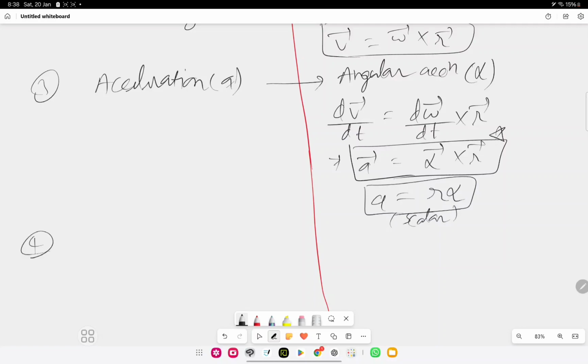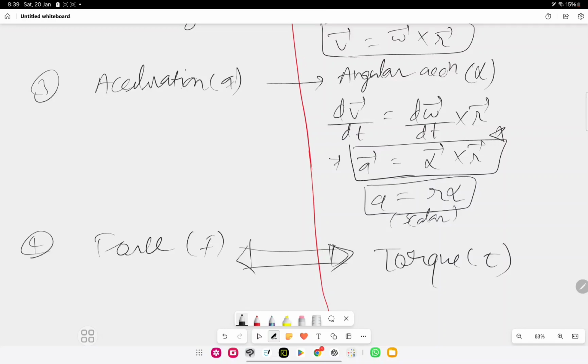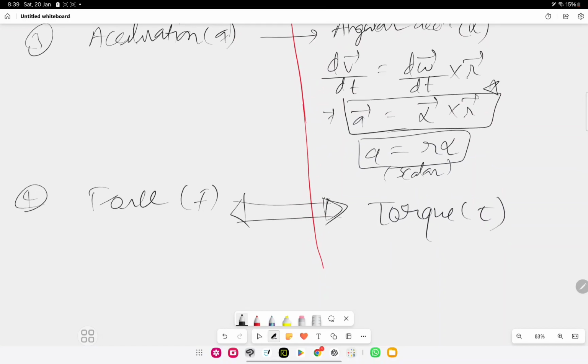In linear motion we write force F, and this force corresponds to the torque tau in angular motion. It is not equal, it is corresponding.